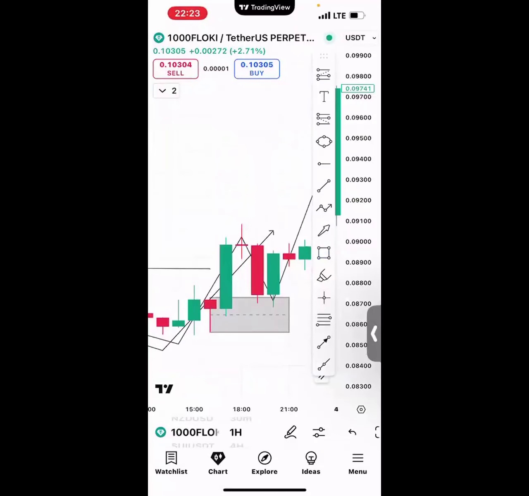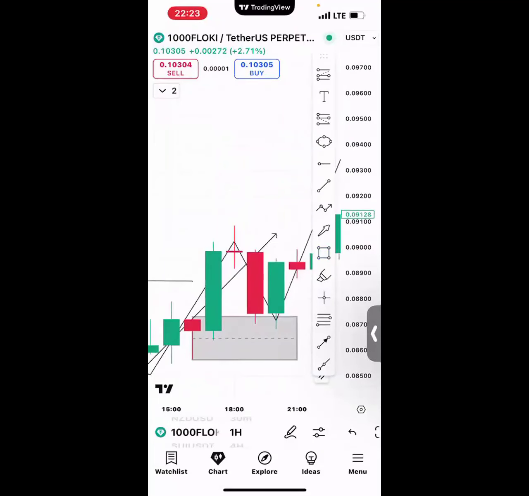Your confluence will be the last down candle and the first, and this will be the second candle where you are looking for your confluence, your imbalance in price, where there's a gap in price. So your gap will be from the body of that last down candle to the second and the third. So the gap that I'm talking about will be this.